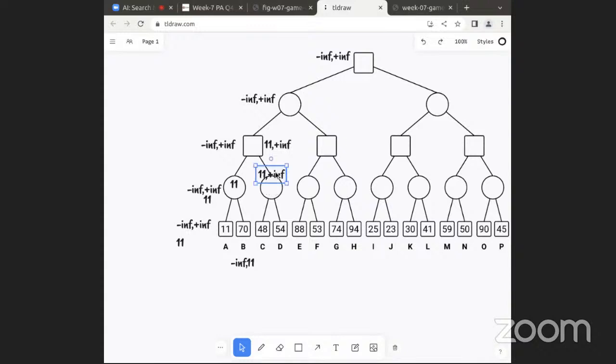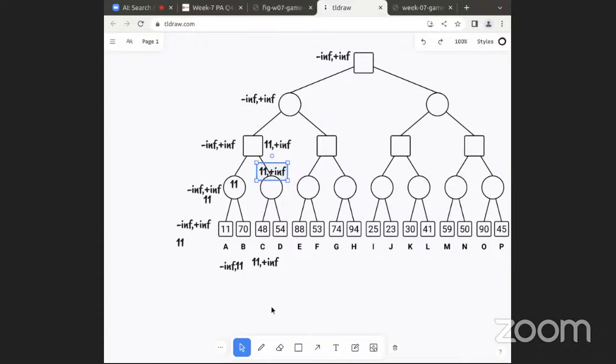Comes here. Then C receives. Now let me here. Now C receives this one. Now when C receives this, C is going to return 48. And now this receives a beta value of 48, right? So now what is this new value here?